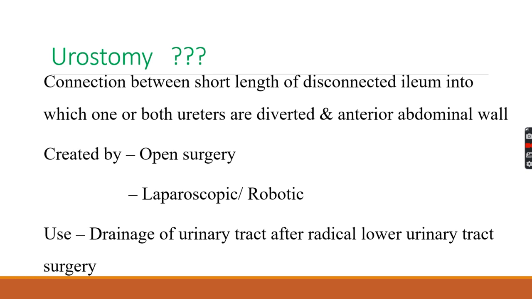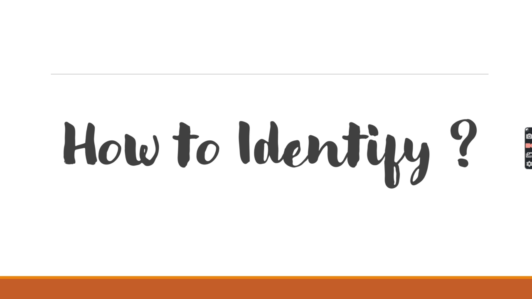After radical lower urinary tract surgeries, whenever we are performing some extensive surgery over the urinary bladder or prostate, sometimes involving the urinary bladder, usually malignancies, or sometimes in severe trauma where there is inability to save the bladder or the lower urinary tract, then this is an option for diversion, right? Urostomy, when we want to drain the urinary tract.